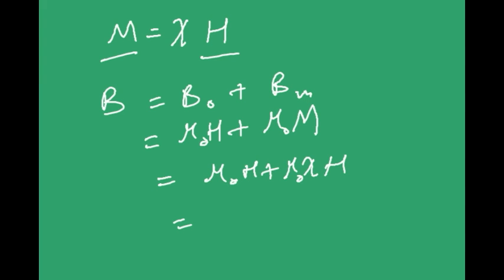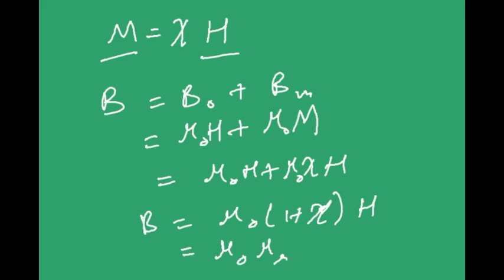So when I take mu naught common, what will I get? 1 plus the susceptibility into H. This is my net magnetic field. And the same thing can be written as mu naught into mu r into H, where mu r is the relative magnetic permeability. It is nothing but 1 plus this susceptibility.